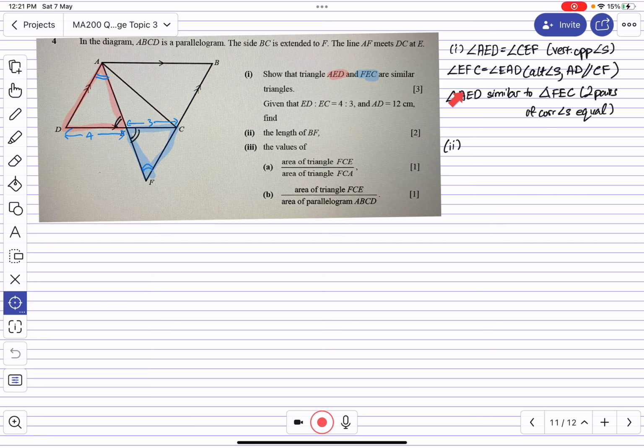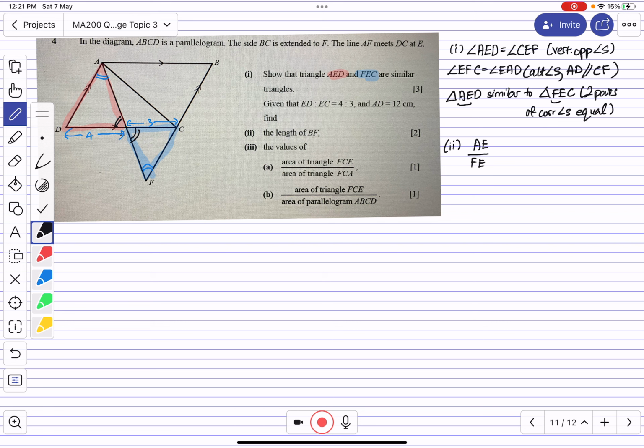Once we have the earlier result of AED to FEC, remember that one of the things that I really like to do is, once you have that, you write down the corresponding sides. Alright, remember they must be in the same order. First two vertices: AE over FE is the same as AD over FC is the same as ED over EC.